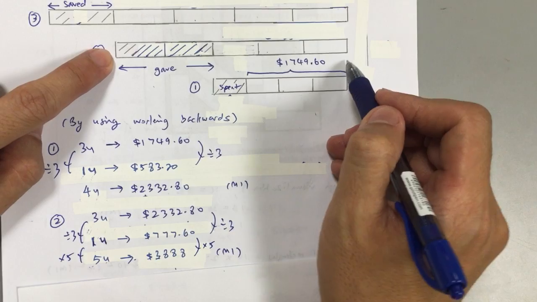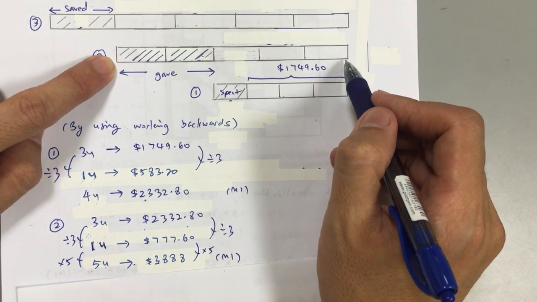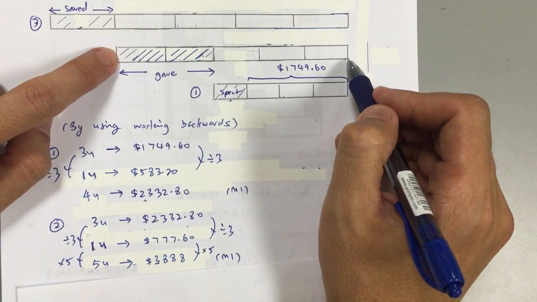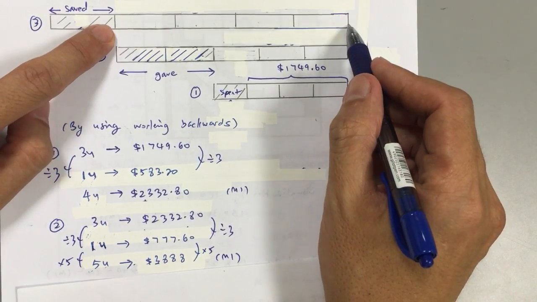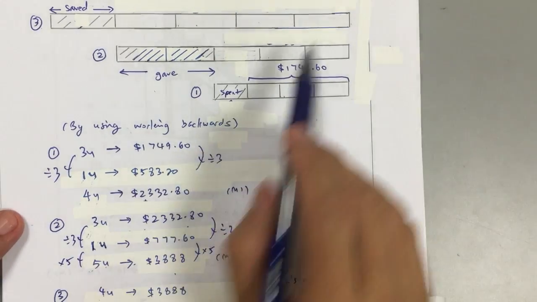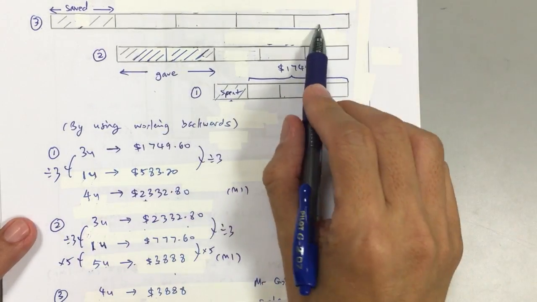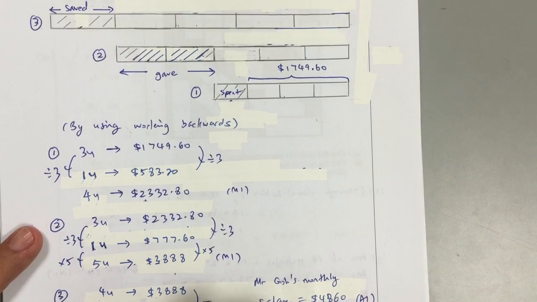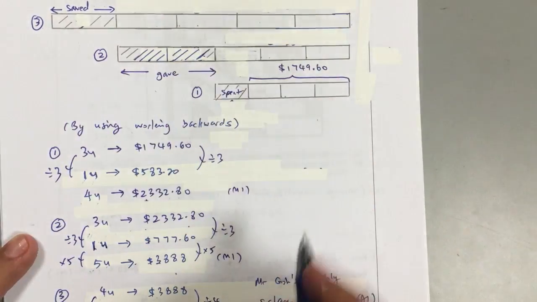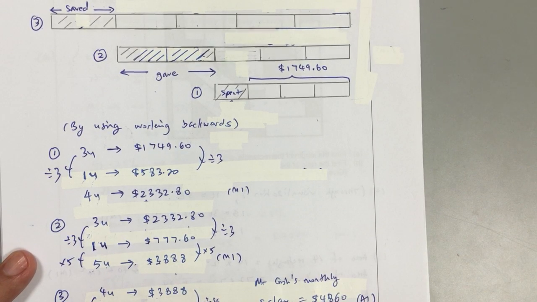So this bar here is 3,888. Then I work backward. 3888 is 4 units. Look at my third bar, third model. So 4 units is 3888. I find 1 unit, divide 4. Then I find 5 units. Times 5, I have 4860.